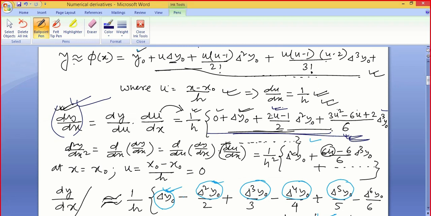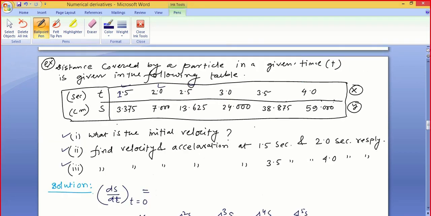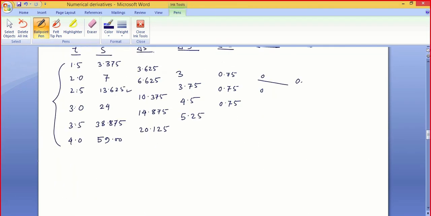Basically this is related to u. So basically your formula is ds by dt, initially 1 by h.